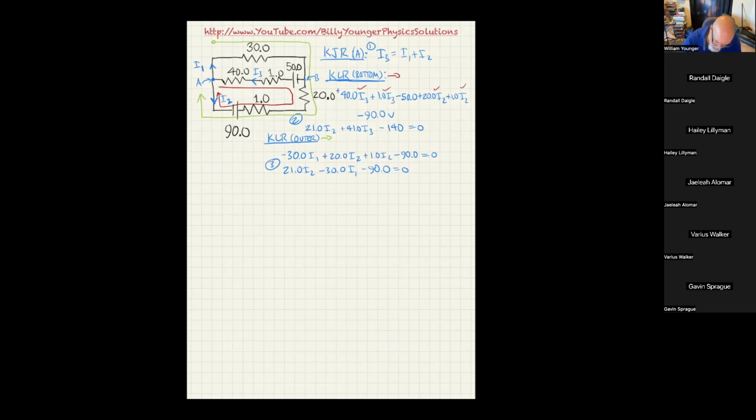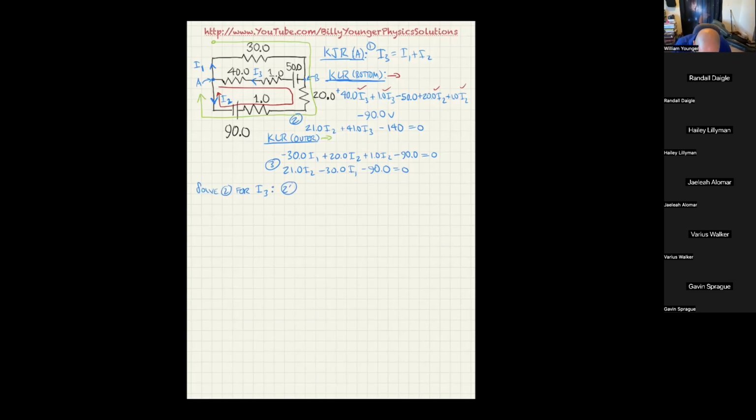So I'm going to first take equation 2 and solve 2 for I1, or excuse me, for I3. What I'll get is equation 2 prime, where I3 is going to be in terms of I2.